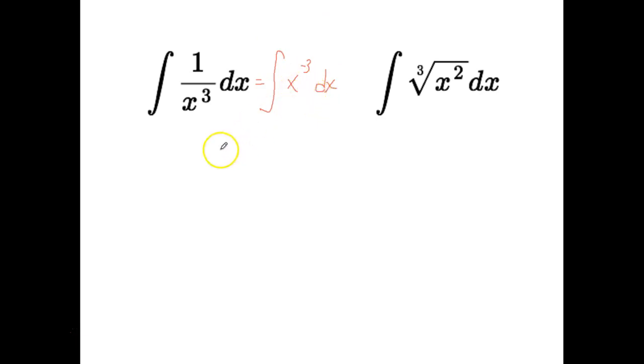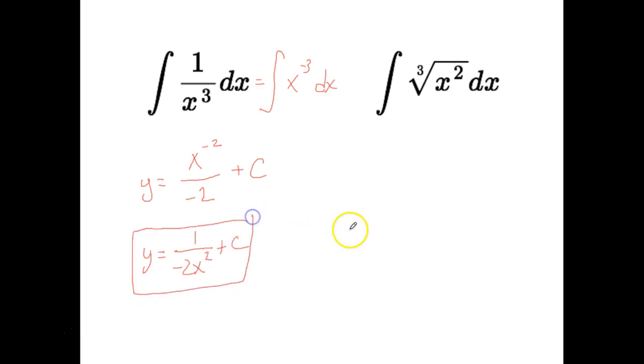Okay, so now let's boost and divide this. Okay, so if I boost it, negative 3 plus 1 would be negative 2, divided by my new exponent, negative 2. Don't forget your constant. Okay, that's my answer, but I can rewrite it because I have a negative exponent here. It's going to be rewritten as 1 over negative 2x squared plus c. There's our answer.